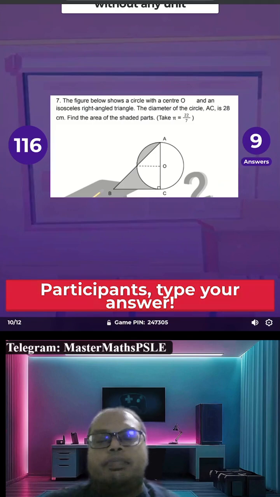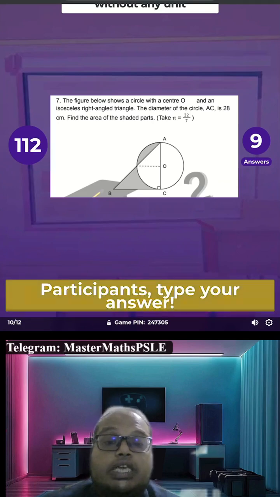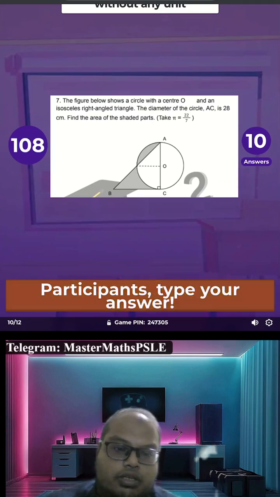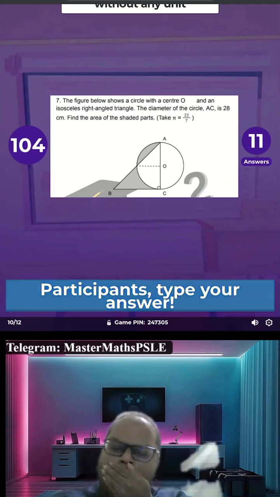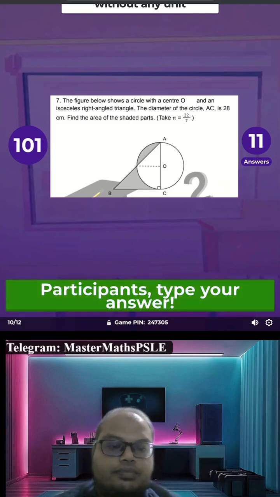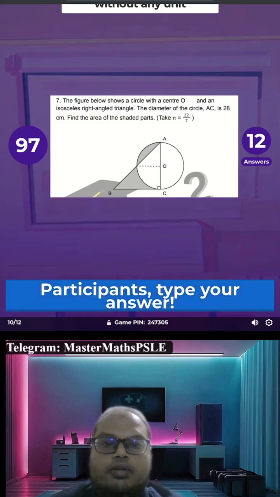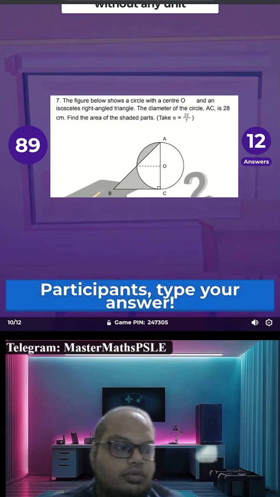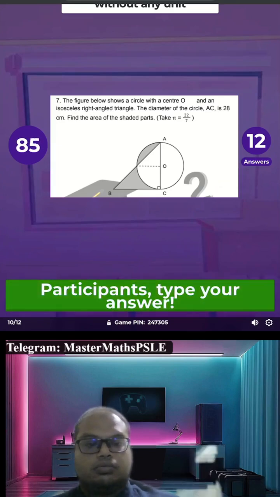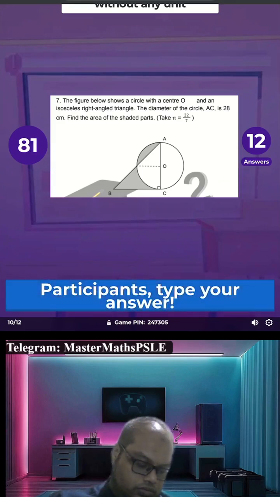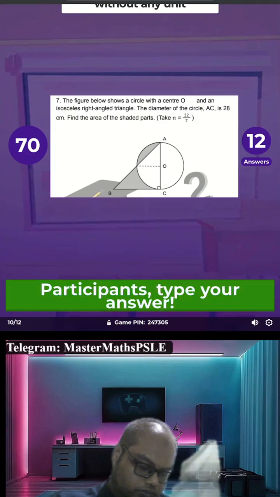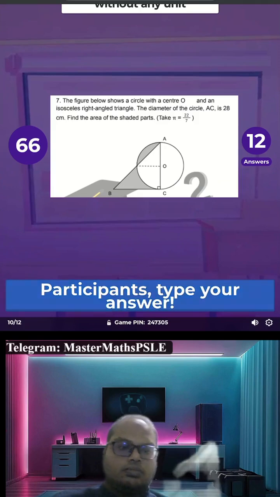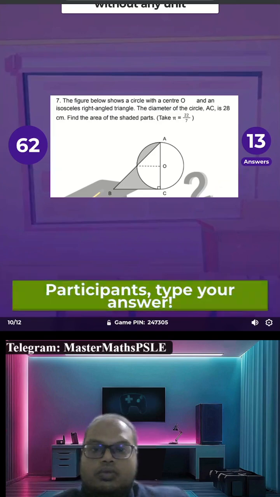There's only a bit of area of circles being involved in the last question. About 1.5 minutes more. 1 more minute.